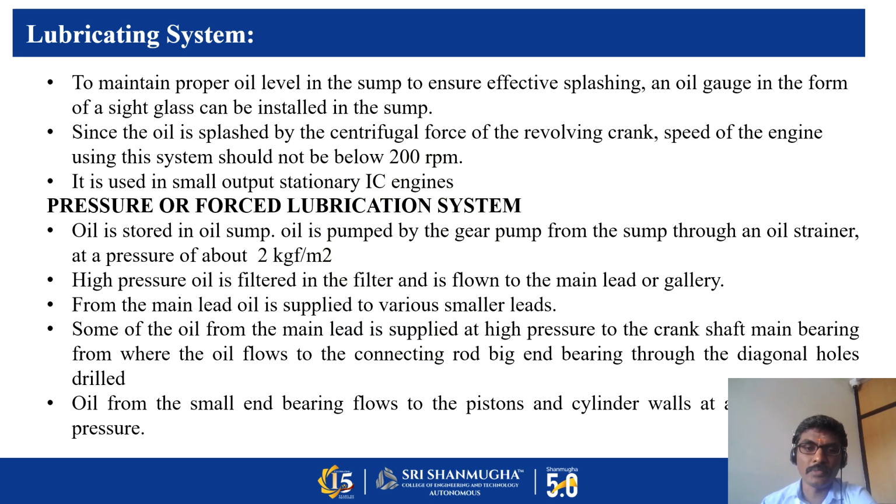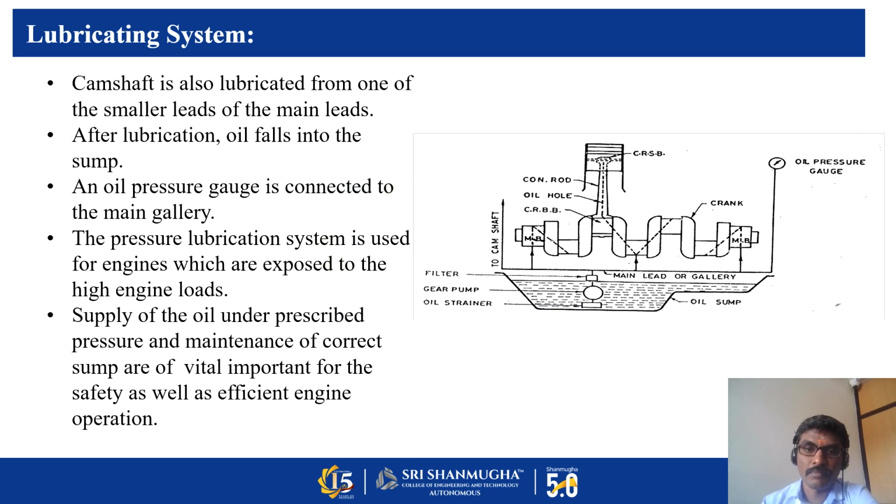Some of the oil from the main lead is supplied at high pressure to the crankshaft main bearing, from where the oil flows to the connecting rod big end bearing through the diagonal holes. Oil from the small end bearing flows to the piston and cylinder valves at the same pressure. The camshaft is also lubricated from one of the smaller leads of the main lead.